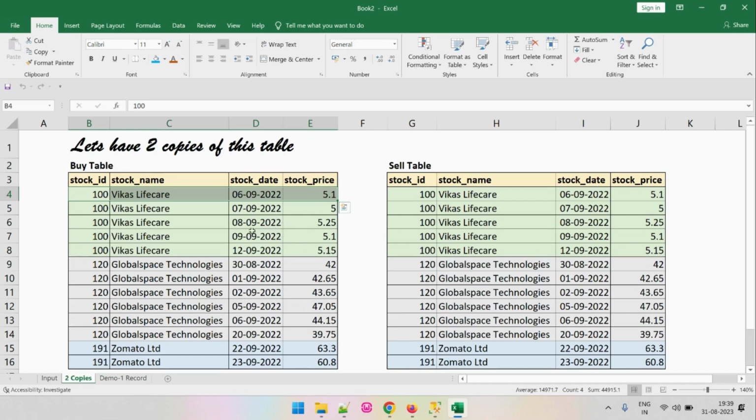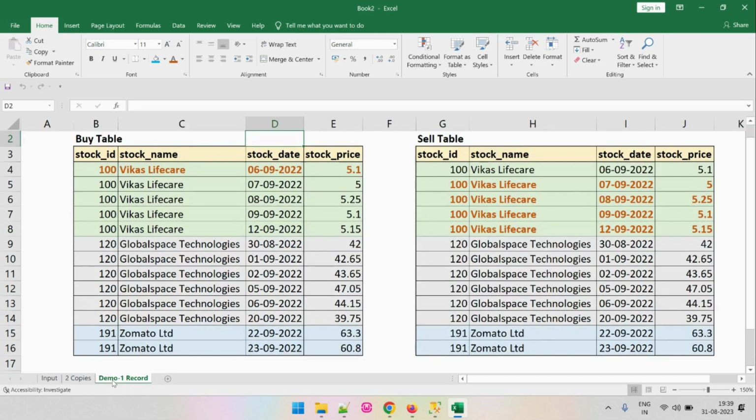Given this, first of all we have to ensure that in these two tables we are joining on the same stock, so on the same stock ID. That will be one criterion. The second criterion will be that the stock date in the buy table should be less than the stock date in the sell table, as the stock will be sold after it is purchased, from the next day onwards.